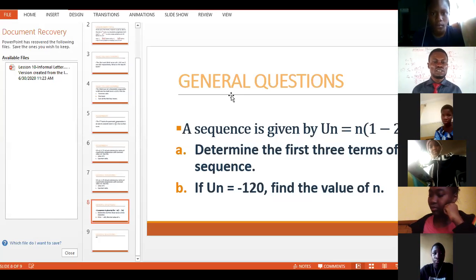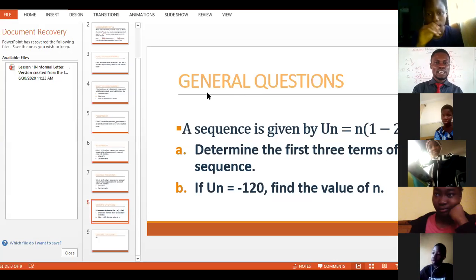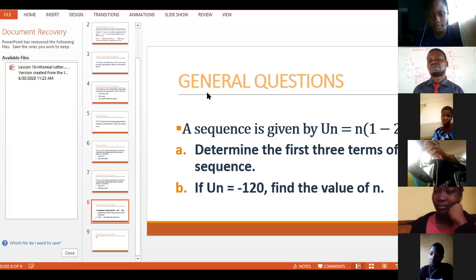And for GP, you also have Tn is equal to a r to the power n minus 1. There are other formulas, and they are still related to these formulas, but they can put them in other ways. So you are not limited to using only those 2 formulas.